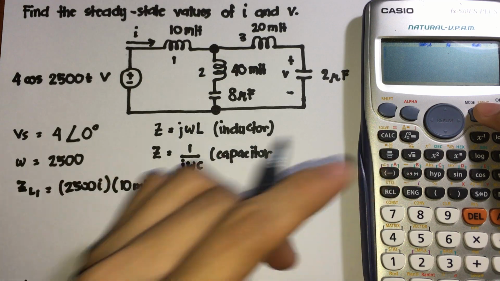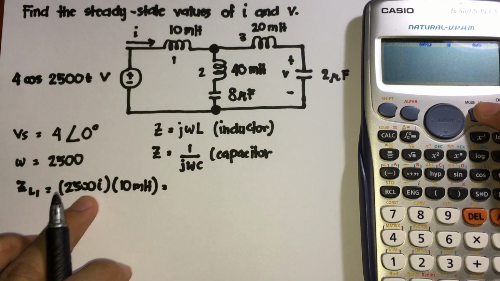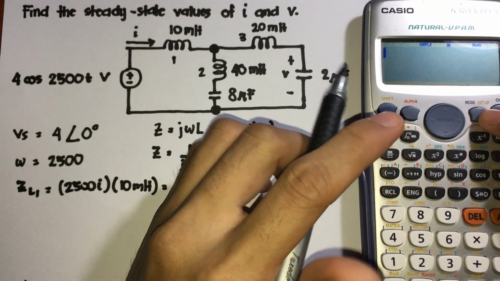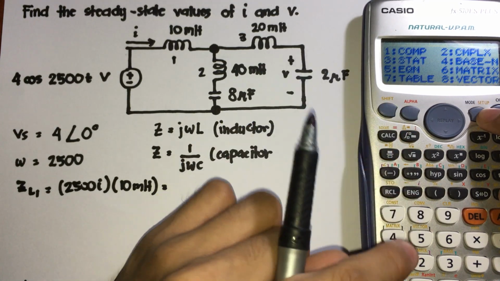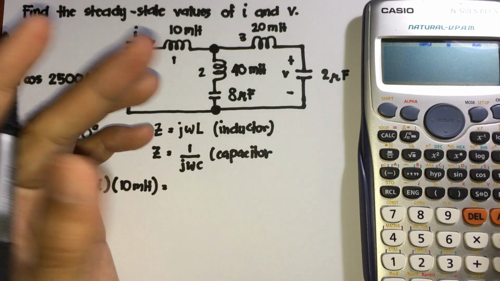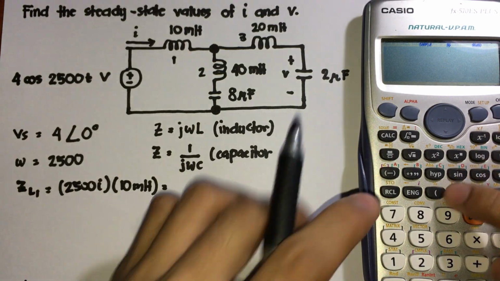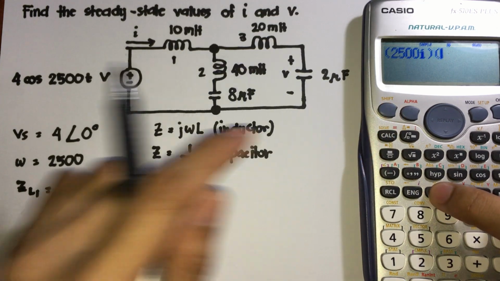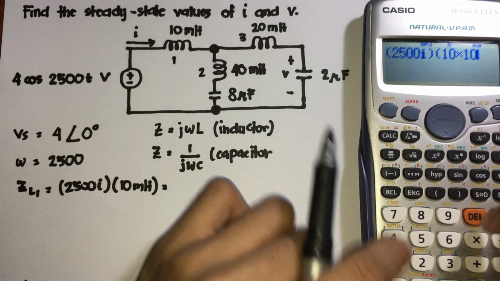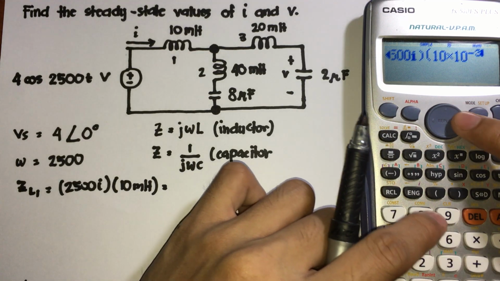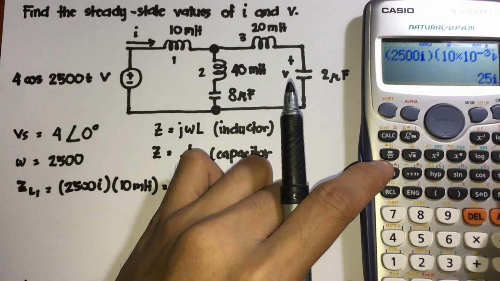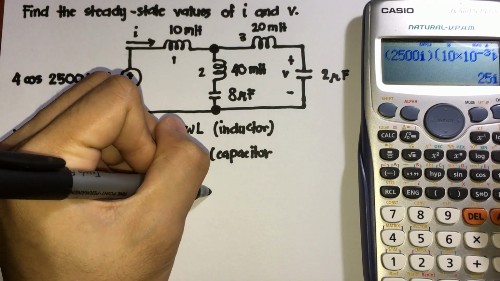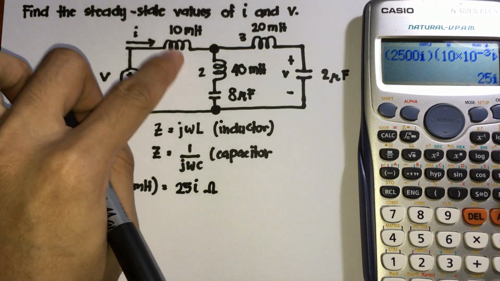Before you calculate this, you have to set your calculator into complex mode, and then you can just calculate. So 2500I times 10 times 10 to the power of negative 3, we have 25I ohms. That's the value of the first inductor.